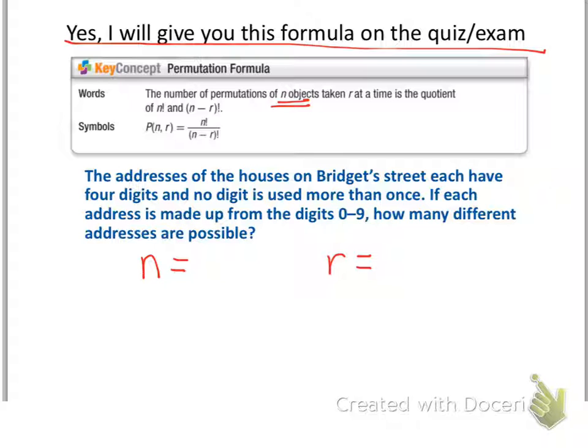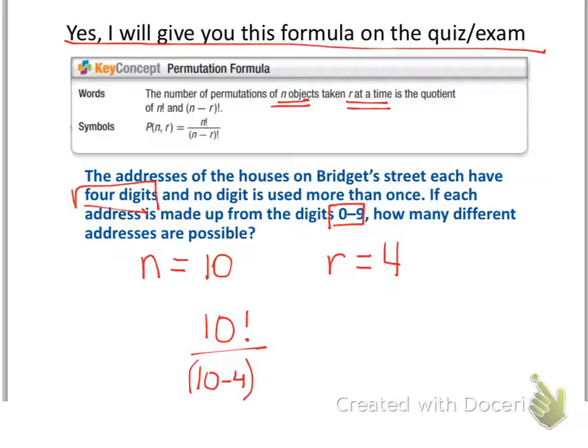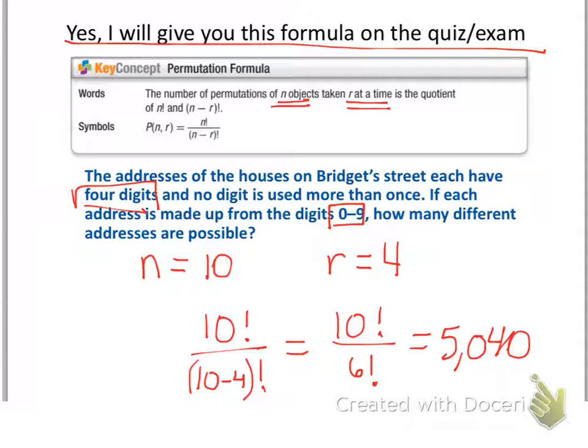How many possible objects can we use? 10 of them. How many are we going to use at a time? 4 of them. So now we need to fill in the formula. 10 factorial divided by 10 minus 4 factorial. So that's 10 factorial divided by 6 factorial. Now just plug it in the calculator and do the math. That gives us a total of 5,040 different possible combinations of addresses.